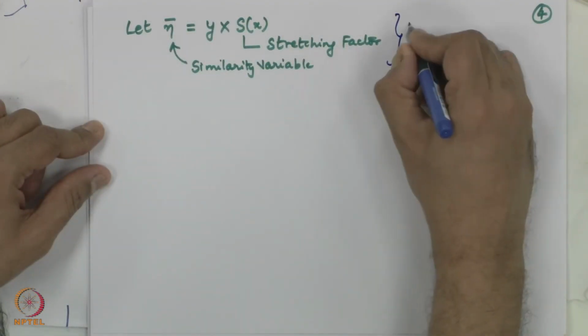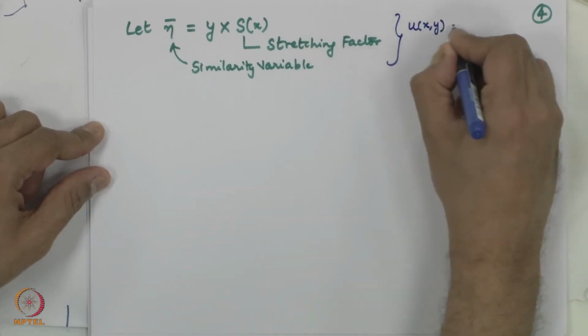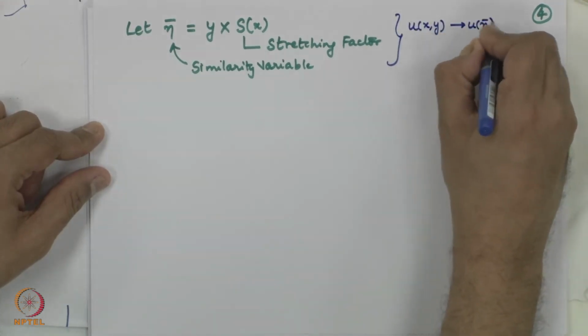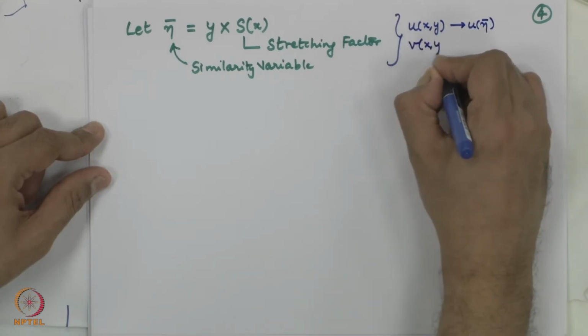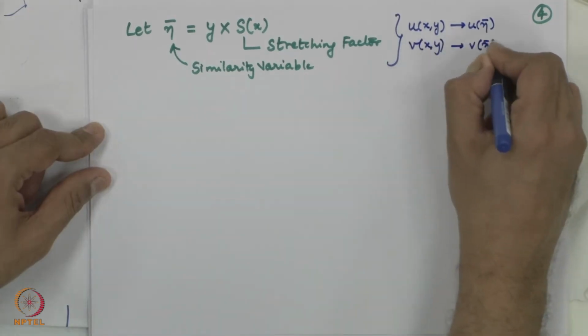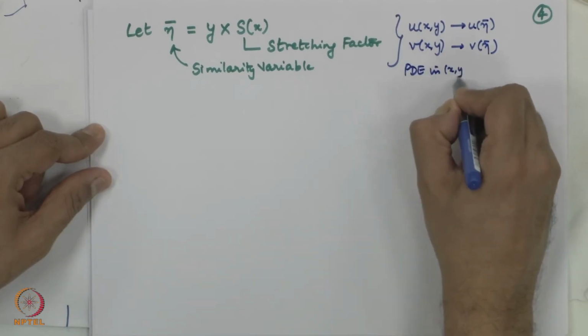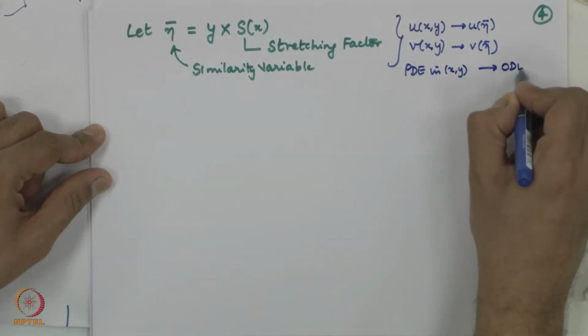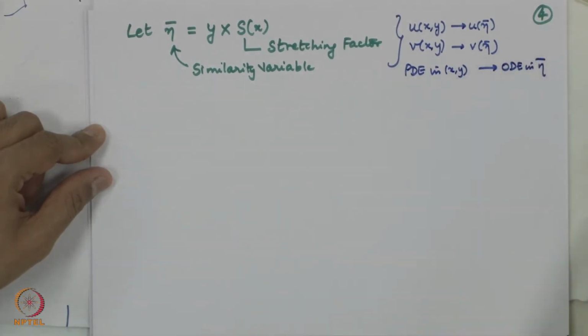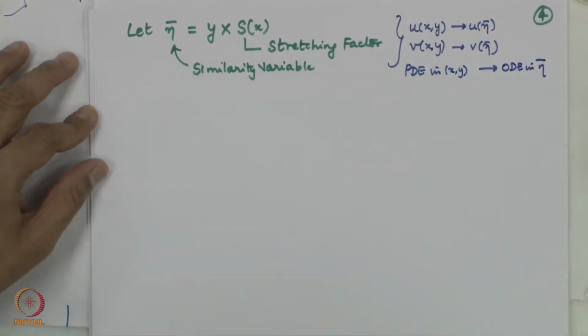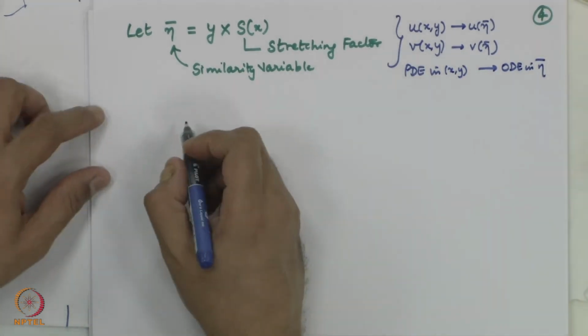So, based on this, u of x comma y will become u of eta bar, v of x comma y becomes v of eta bar, and the PDE in x and y becomes an ODE in eta bar. This is what I should see at the end of these manipulations.